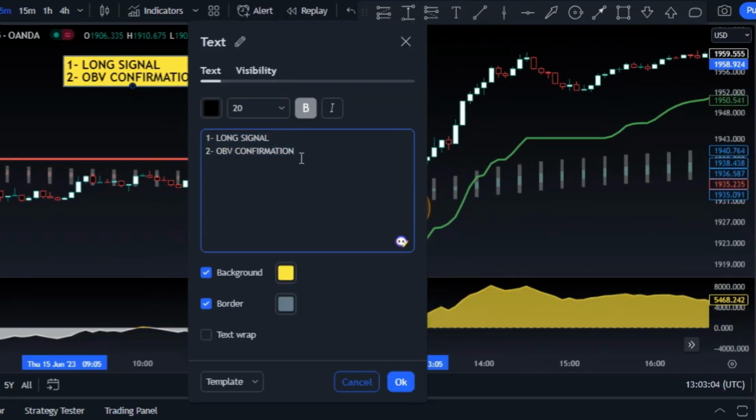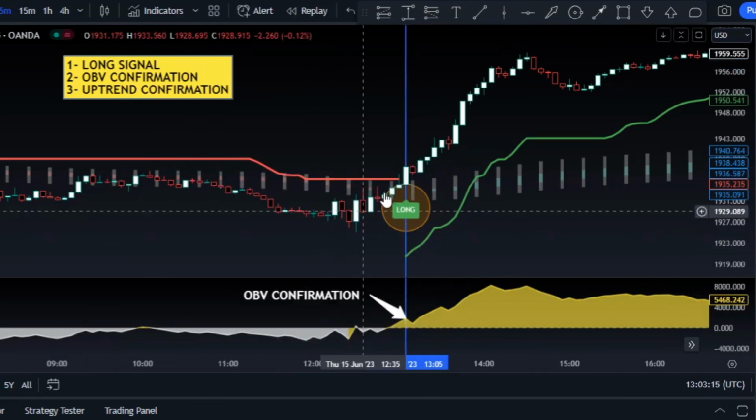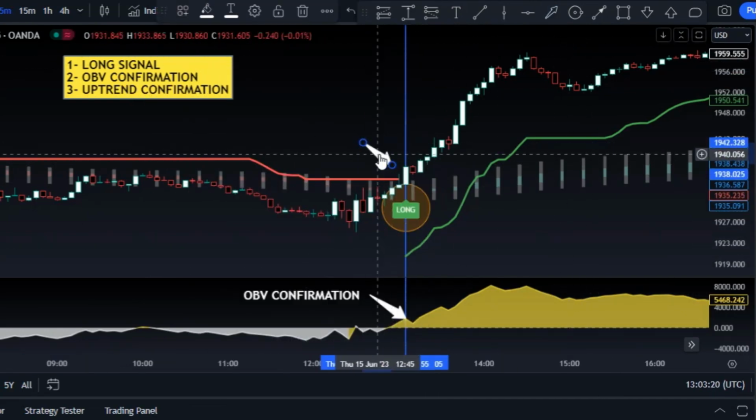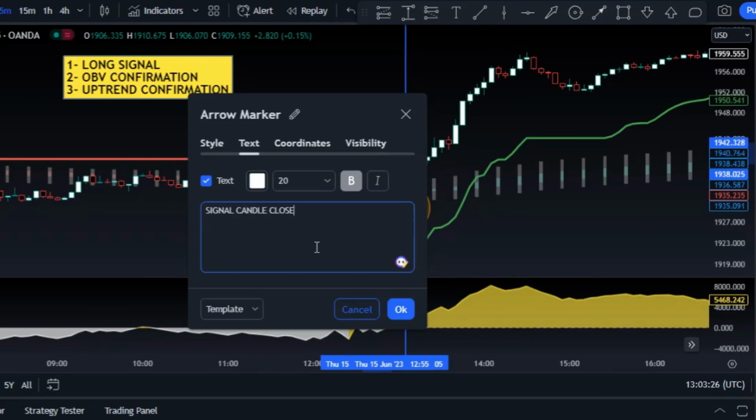And finally, the candle that triggers the signal has to close above the trend indicator to make sure the uptrend is still going strong.